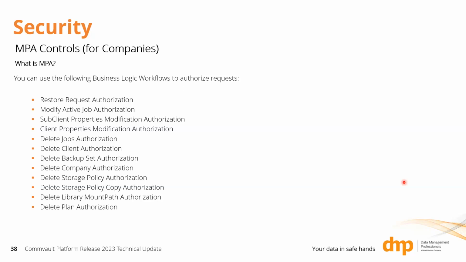Also modify active job authorization, subclient properties, client properties, all modification. But the most important we see is all those delete actions. Delete jobs, delete clients, backup sets, companies, etc. Because if you do one of those things, your data is destroyed, your data is gone. So for those kinds of delete actions, you really want to have a 4 I's authorization.